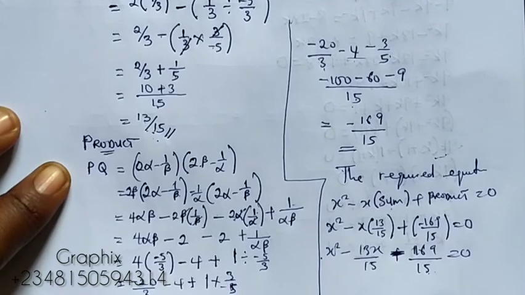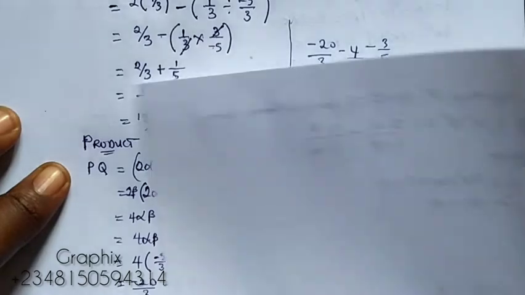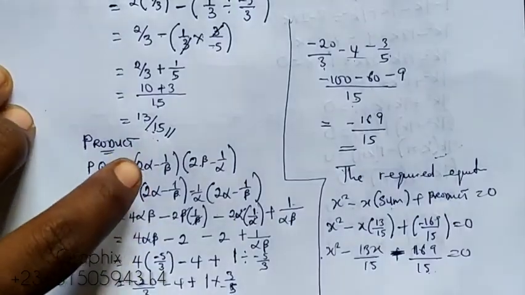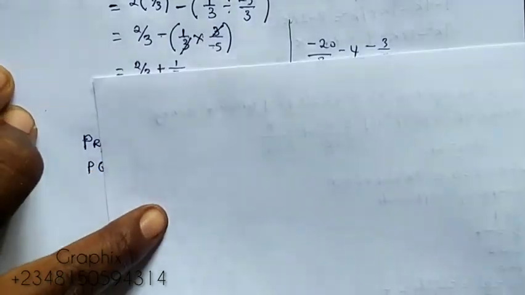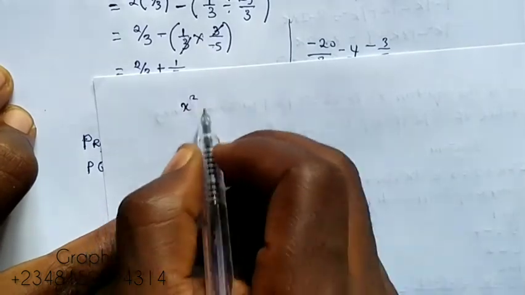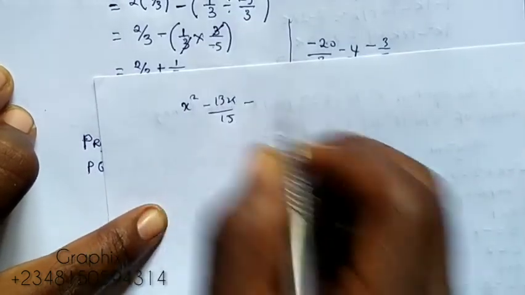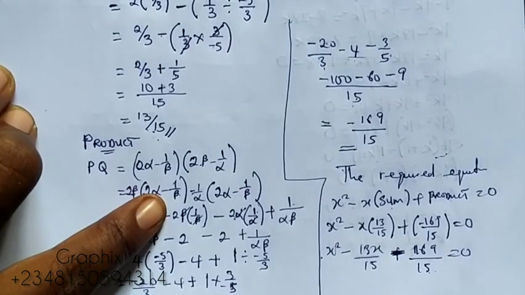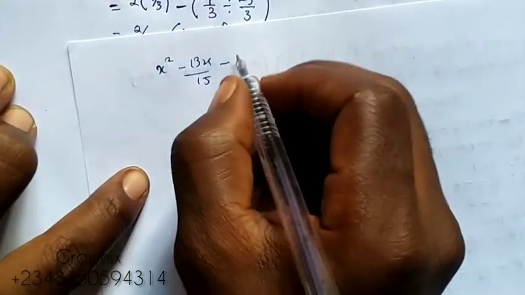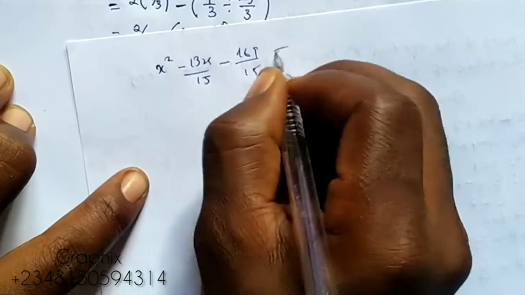So we can still break that down if we want to. Look for the LCM here. If you look for the LCM here, x squared minus 13x over 15, then we have minus 169 over 15 equals to 0.